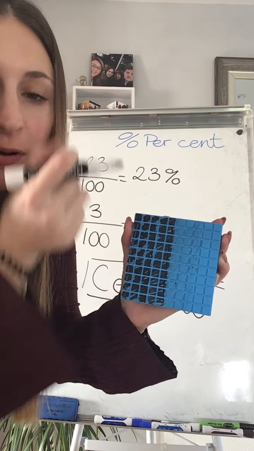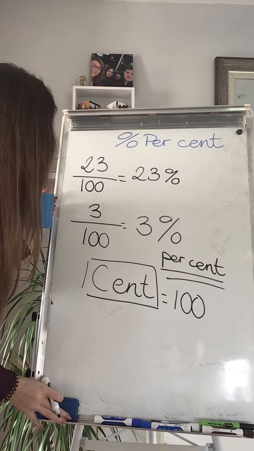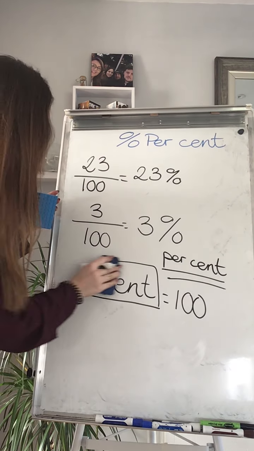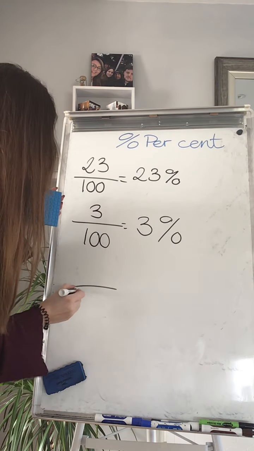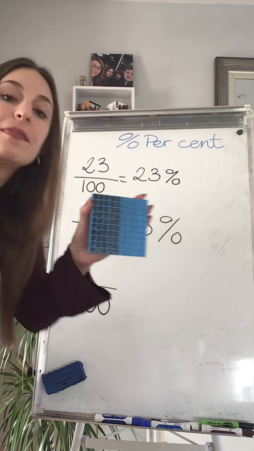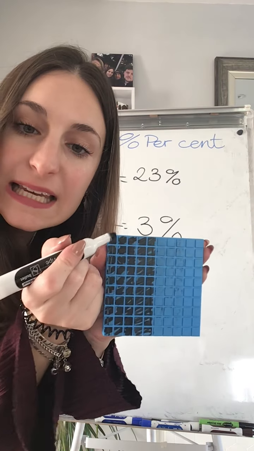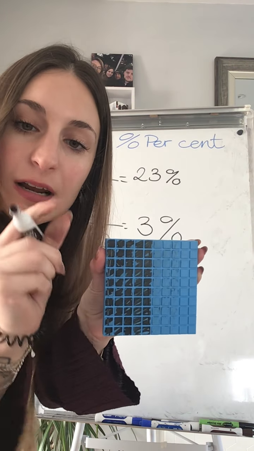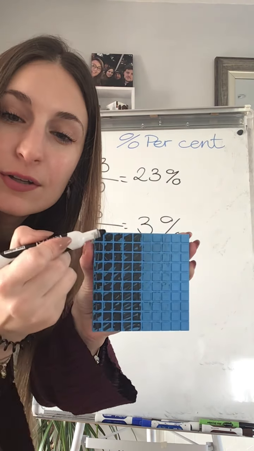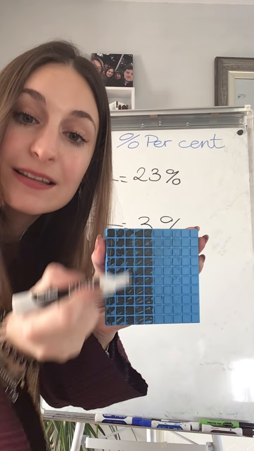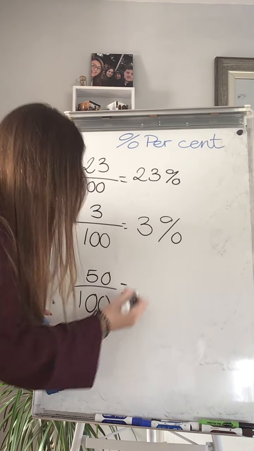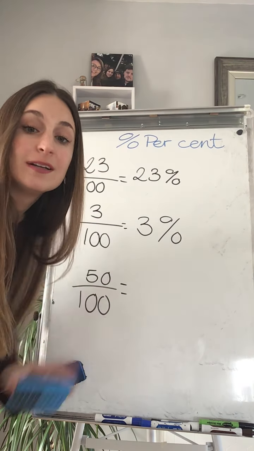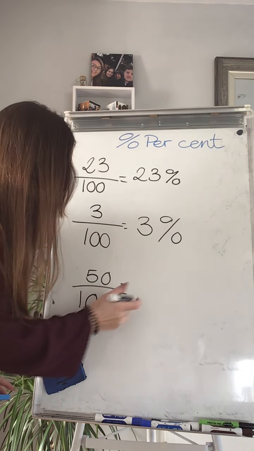But what about if I'm talking out of 100, of hundreds, how many little squares I have? 10, 20, 30, 40, 50. And that means that I have 50%.